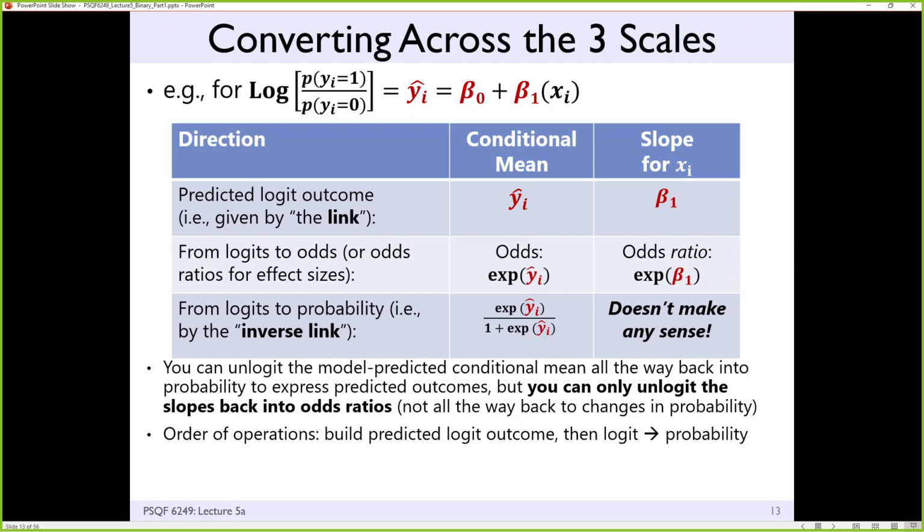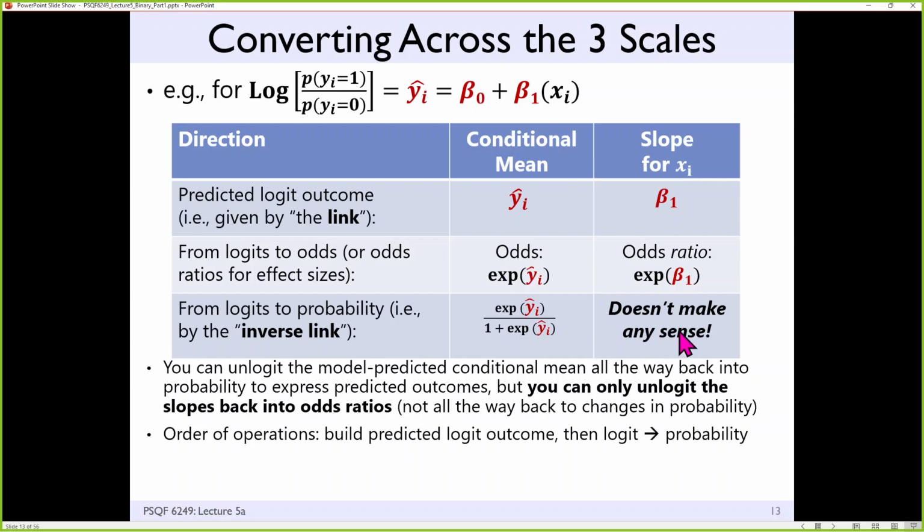It's the odds of a 1 relative to a 0 given one set of predictor values, divided by the odds of a 1 and a 0 given another set of predictor values. Odds ratios are considered effect sizes in these models. For better or worse, I don't like them. We can talk about why if you're interested, but the good news is that no one cares in factor analysis. They don't like odds either. It's just gone. So I'm on board with that plan.